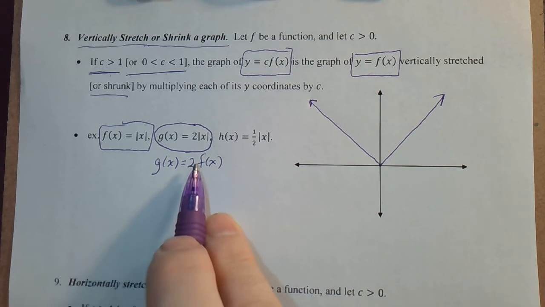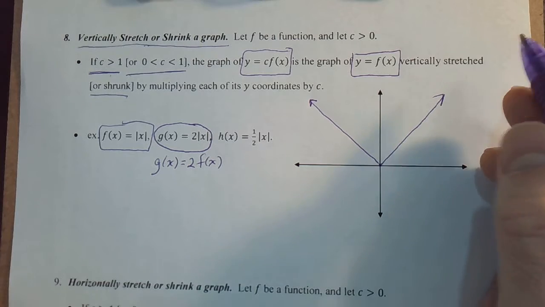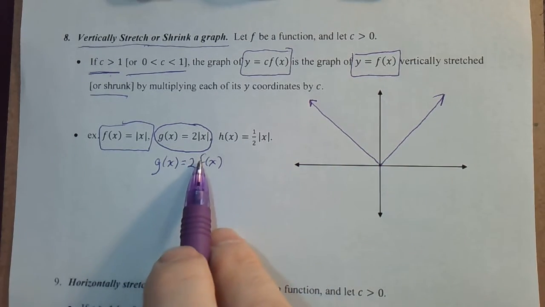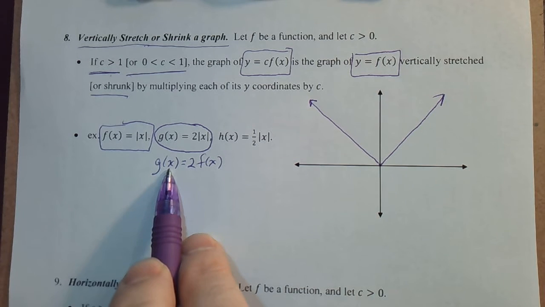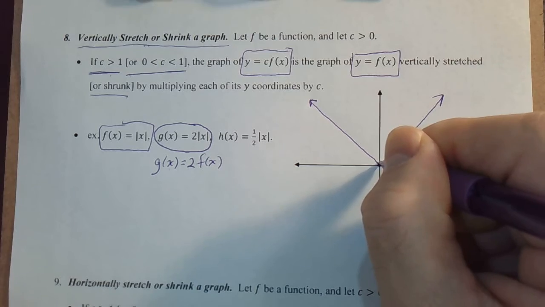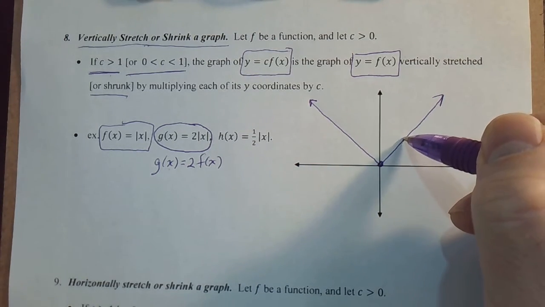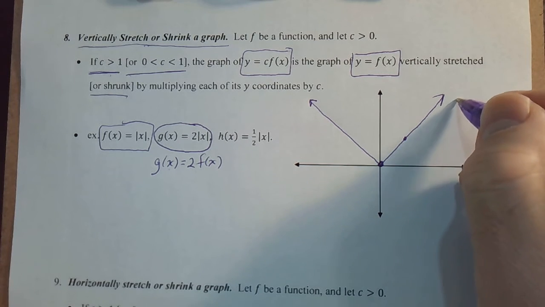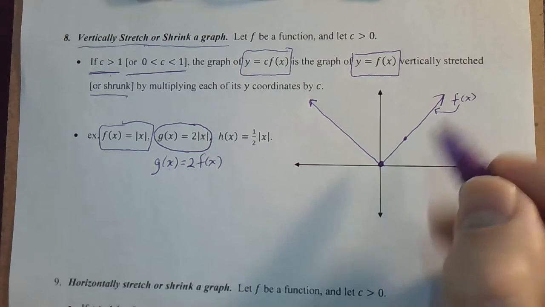Even without making a table of x, y values, we don't even need to. All we need to do is, for example, let's go ahead and get 0 out of the way. If x is 0, well, 2 times the absolute value of x is 0, so that point they have in common. Pick any other point here. On f of x, this is the height.